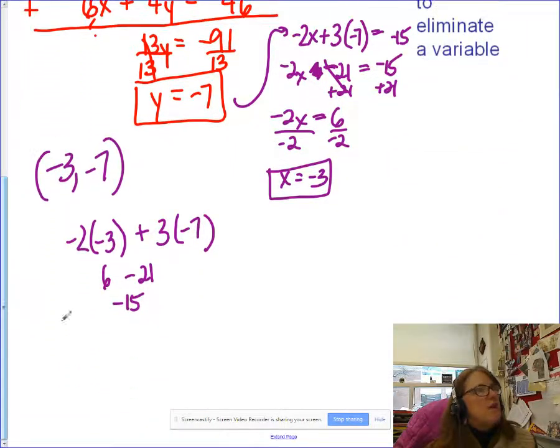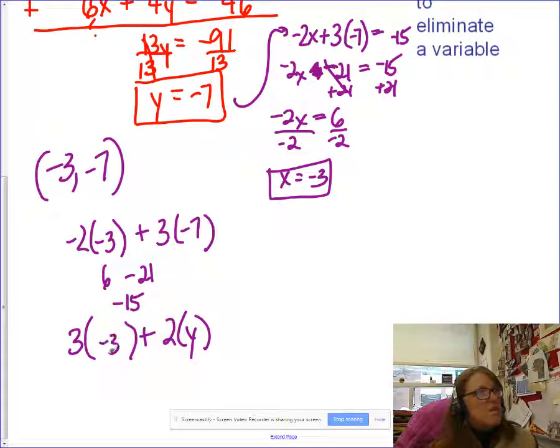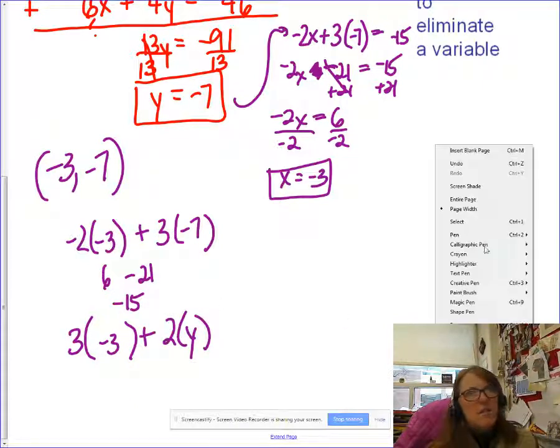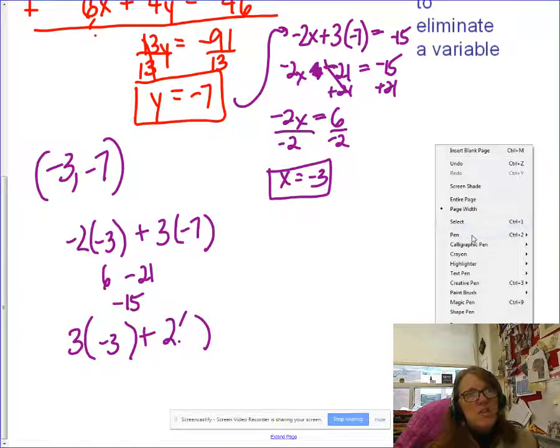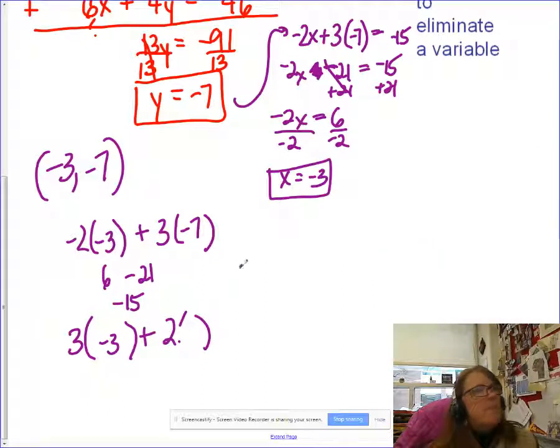Let's check the other one. 3x plus 2y. Plug a negative 3 in for x. We're substituting now and checking it. Plug a negative 7 in for y.